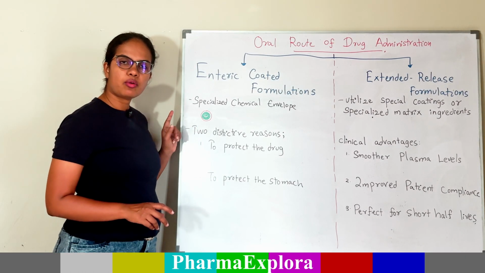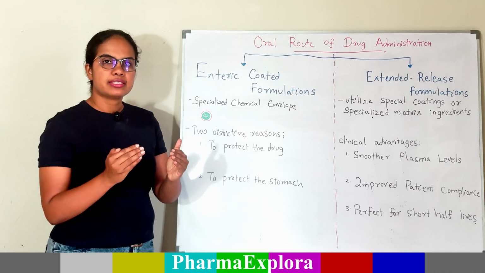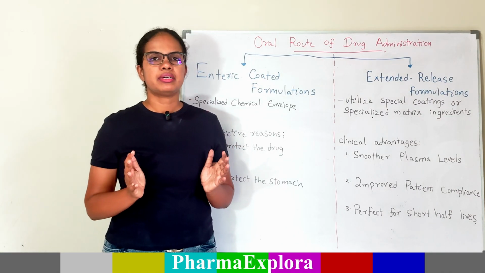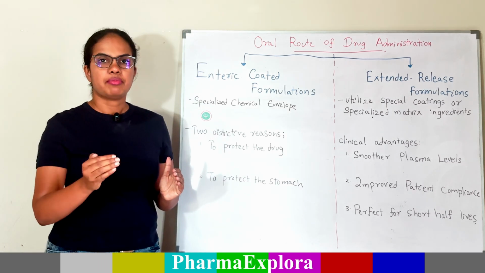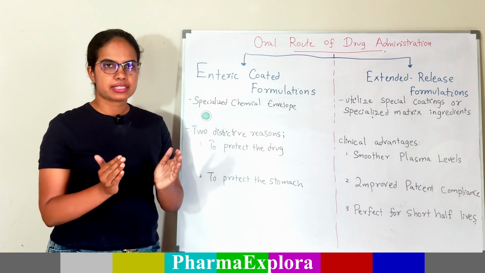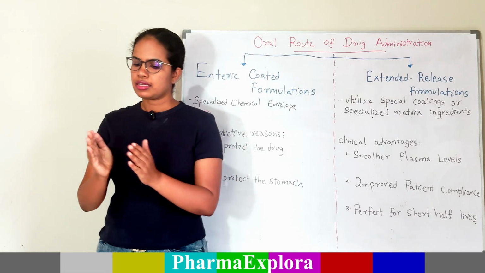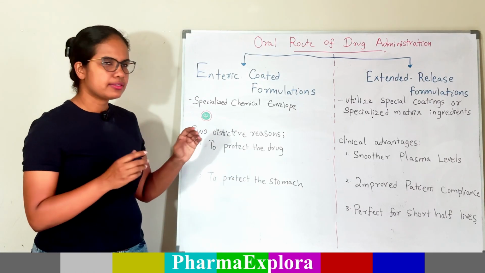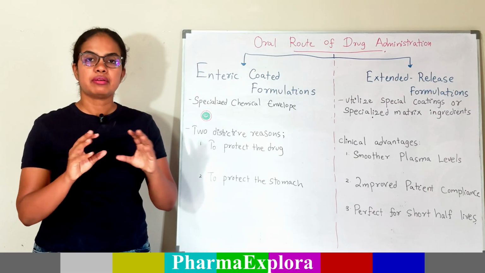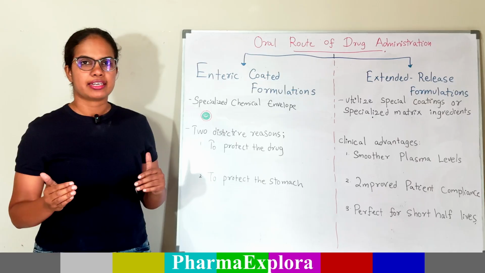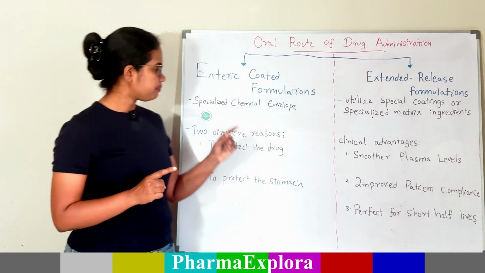This enteric coating resists the extremely acidic environment in the stomach, and it protects the drug within the stomach. And once the drug reaches the small intestine, this coating dissolves and it permits the drug to be released in the small intestine.